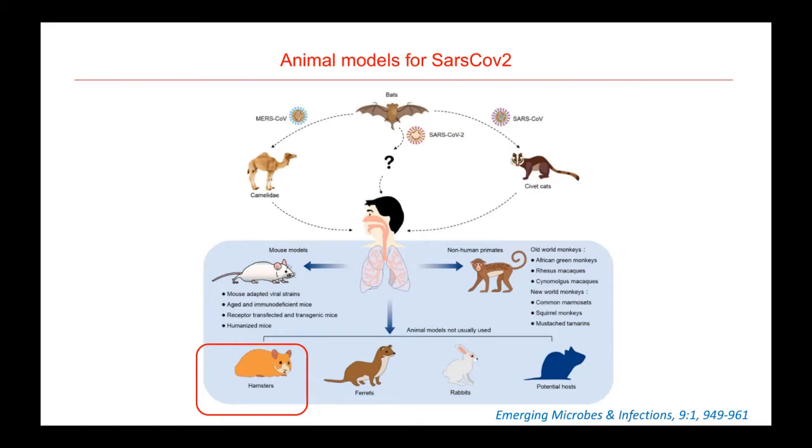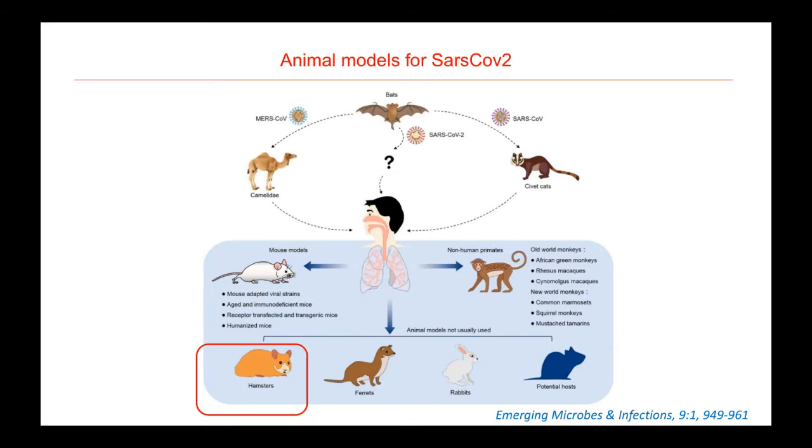The interaction that lets this virus get into the cells is not as good as in human or hamster. So the hamster is a good model for preclinical vaccination studies, which is not really possible even in ACE2 transgenic mice.